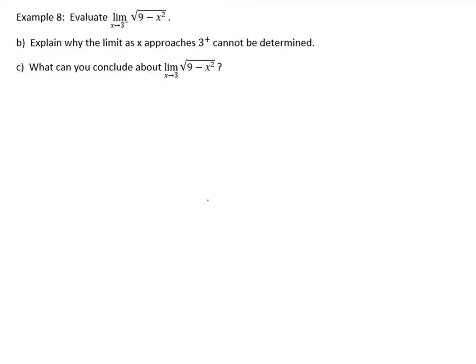Okay, final question. So, evaluate the limit as x approaches 3 from the negative side of root 9 minus x squared. So when we actually consider root of 9 minus x squared, we are considering only the top part of the circle, from -3 to 3.